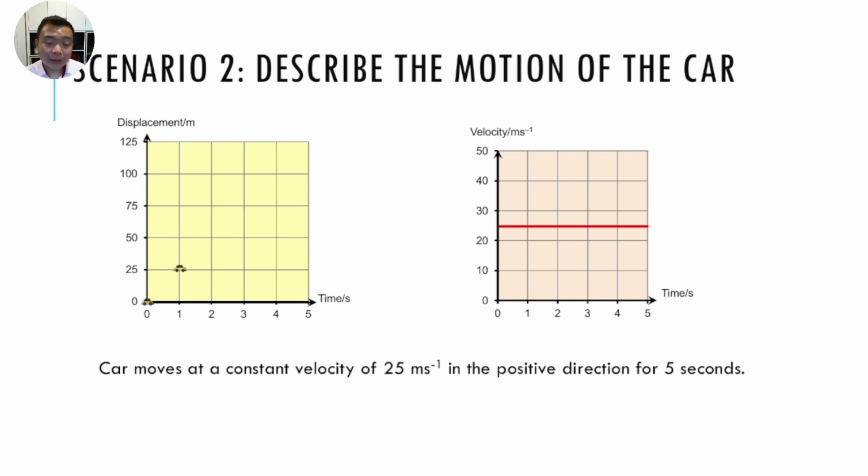So let's put in a coordinate at 25 meters at 1 second. And we can continue doing so. In the next second, the car would have covered another 25 meters, so on and so forth. So all these are the coordinates or the positions of the car at the different timings. So connecting all this, we have a straight line graph that cuts through all these coordinates.